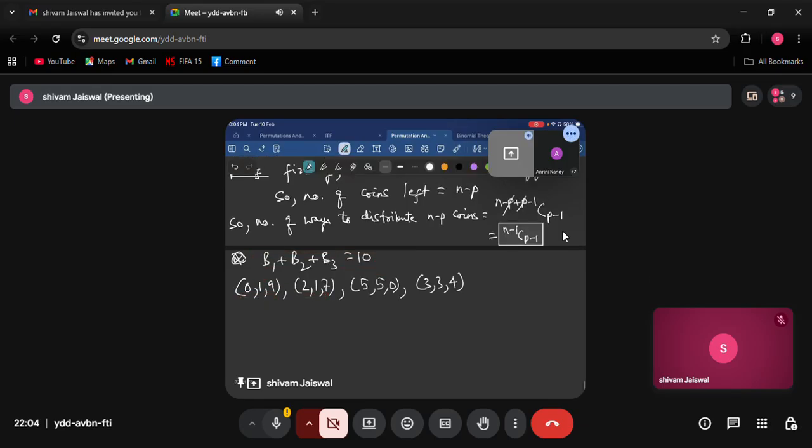So can I say that the number of non-negative integral solutions of the equation x1 plus x2 plus x3 plus ... plus xp equal to n is the number of ways to distribute n coins to p beggars.